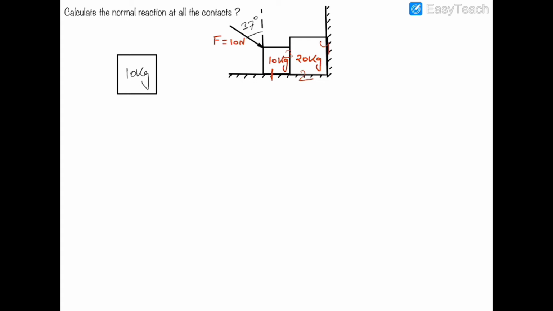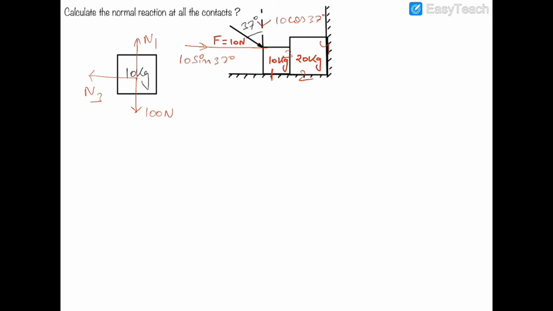Now mg would be acting on the 10 kg block downwards. This would be 100 Newton. N1 would be acting upwards. N3 will be acting towards the left. And there are 2 components of F. You can see that the 2 components are 10 sine 37 and 10 cos 37.